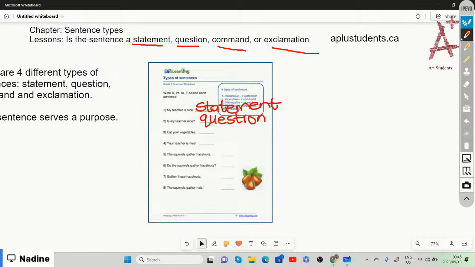With a statement, is it telling us about something, or is it telling us to do something as a command? In this case, it is a command. It is telling someone to do something. They're telling that person to eat their veggies.